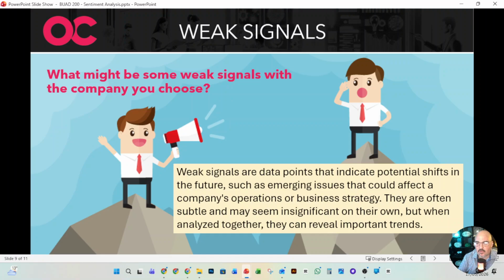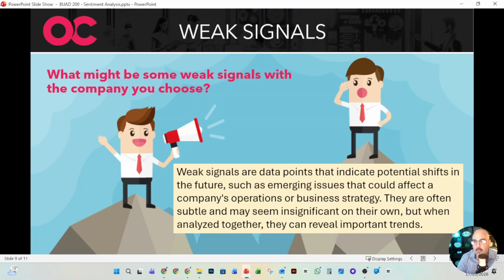So for that restaurant, for example, not having a vegetarian meal on their menu, if that post goes to lots of other vegetarians and those vegetarians are like, oh my God, that restaurant's terrible, we don't want to go there, all of a sudden you've got this trend and this pattern starting to happen where people are not going to the restaurant because it has a reputation for having bad vegetarian food. So that one comment has a weak signal in it, a signal that tells us that there might be a problem in the future.